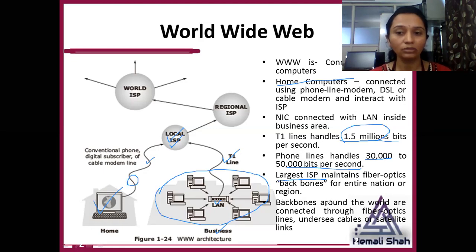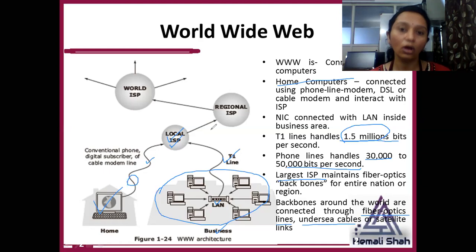These backbones around the world are connected through fiber optic lines, or they can be connected using undersea cables, because all these computers are connected with computers available in other countries also, and the two countries' areas are separated by the sea.